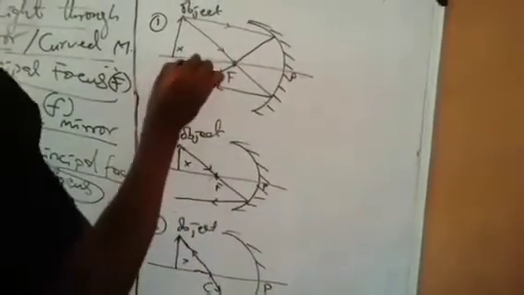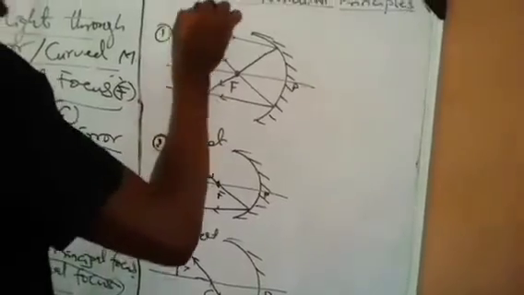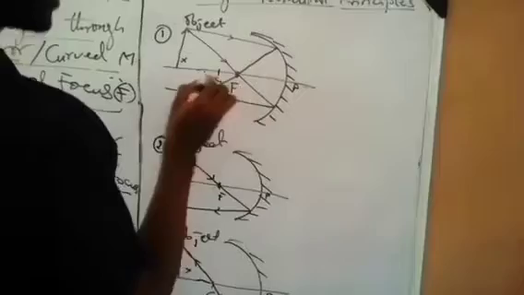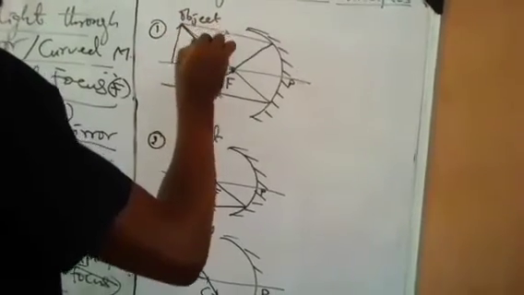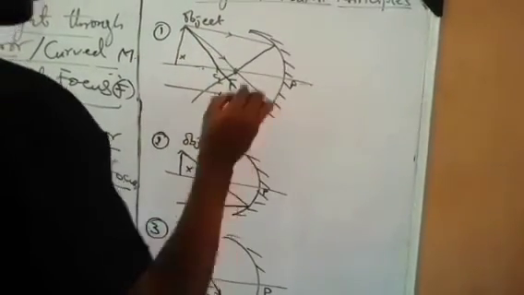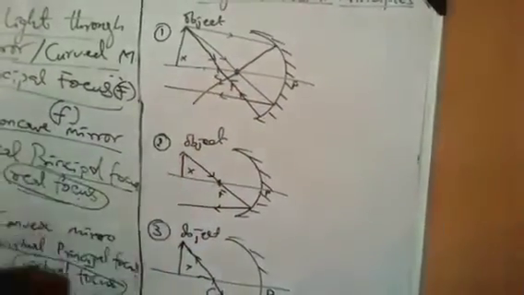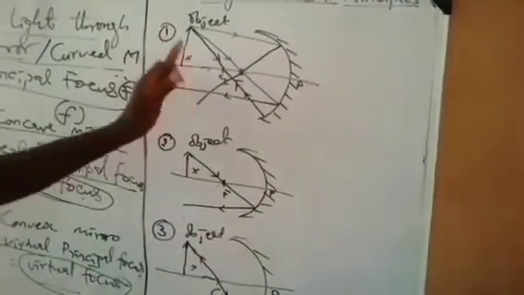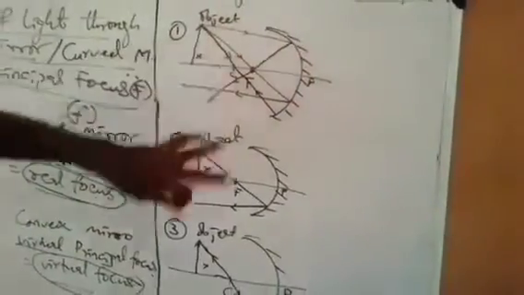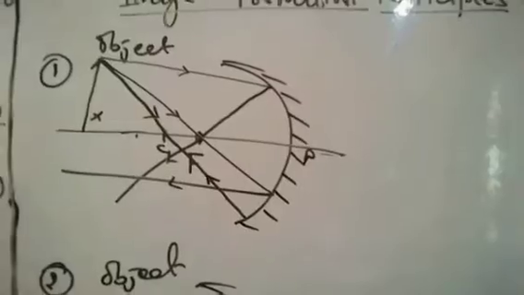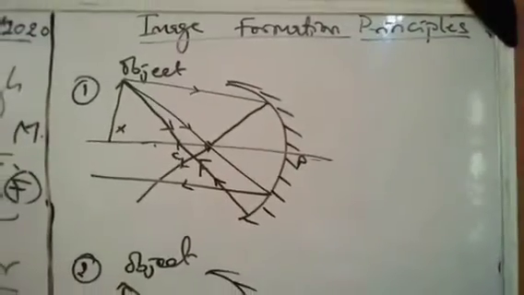Then, those ones, for instance, this is our C, those that pass through the center of curvature to get to the mirror will still reflect back through the center of curvature. So these are the behaviors of the rays of light that reflect from an object once it falls on a mirror, concave or convex.